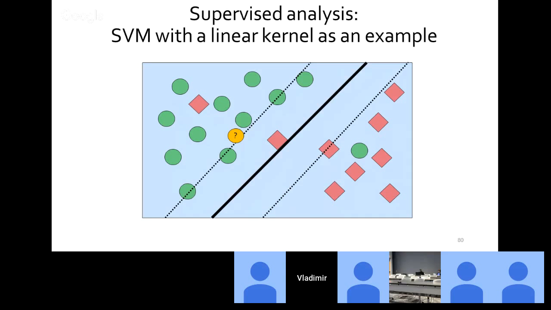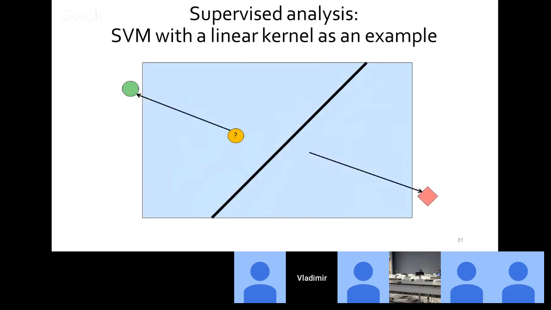To answer this question, it's sufficient to know this separating line. If a new sample lies in a semiplane associated with green samples, this sample is attributed to the green group. In the other case, this sample is attributed to the red group.